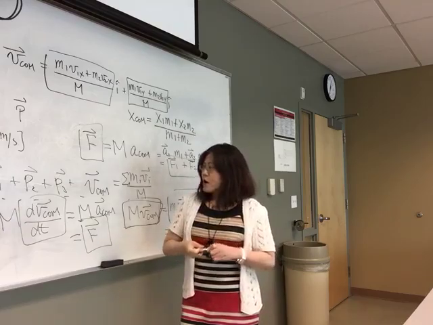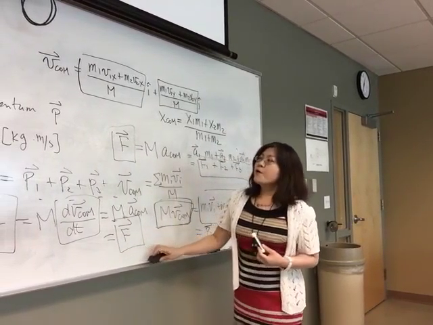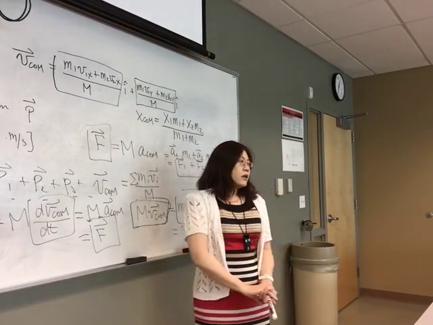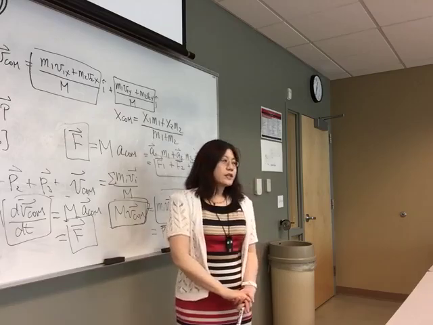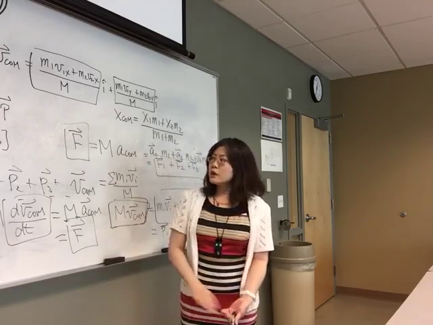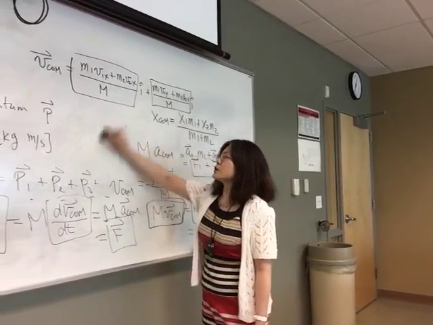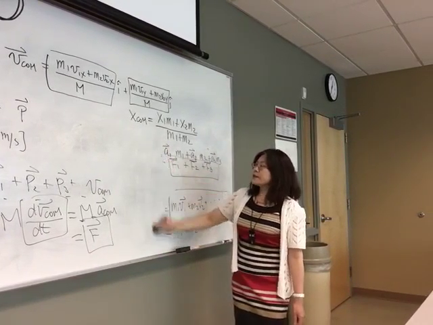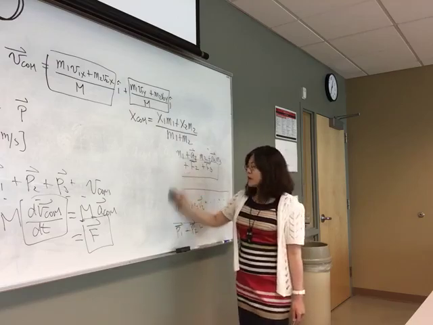Okay. All right. So if we realize that the force acting on the particle, or on the system of particles, is the time rate of change of linear momentum, let's look at situations when the net force acting on the particle or the system is 0, and see what we get.